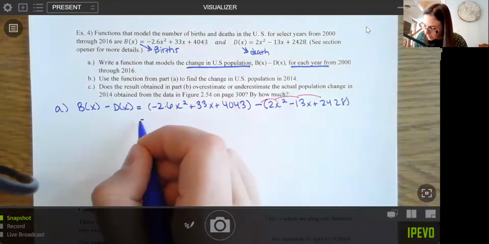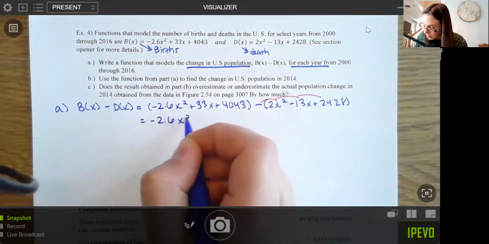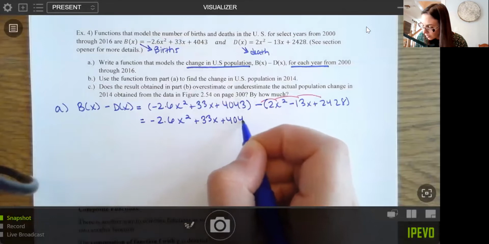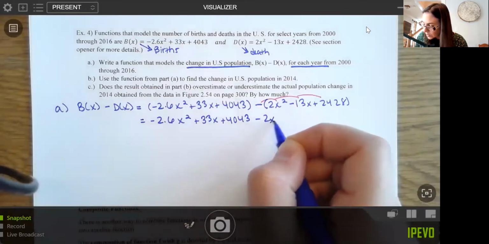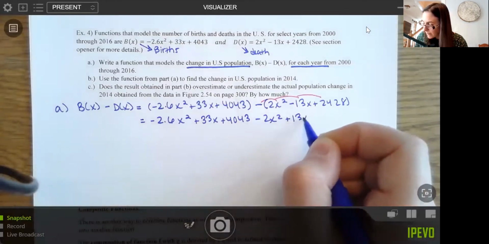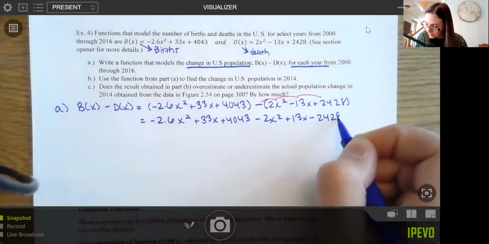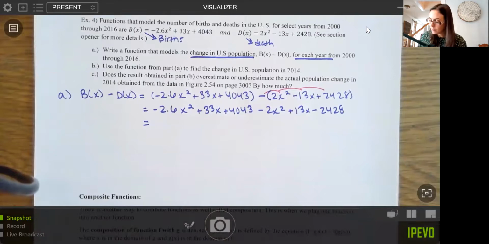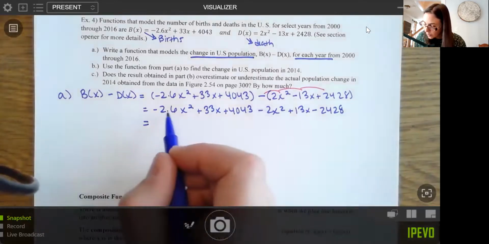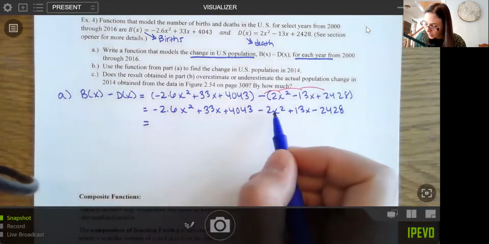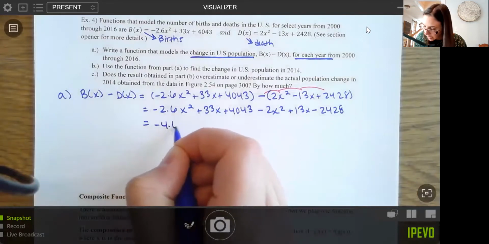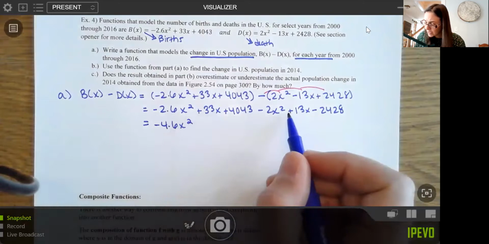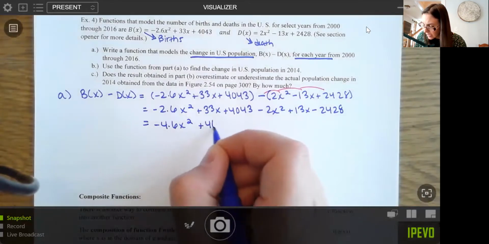So we end up with negative 2.6x squared plus 33x plus 43 minus 2x squared plus 13x minus 2428. And then we're going to combine like terms. So I have negative 2.6x squared and negative 2x squared, so that's negative 4.6x squared. I have 33x and 13x, so that's going to be 46x.